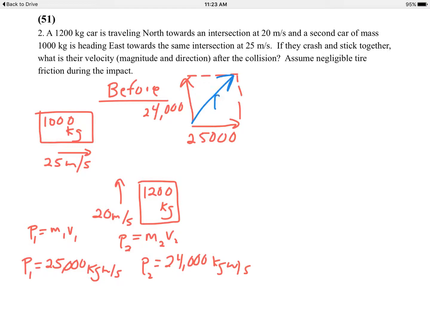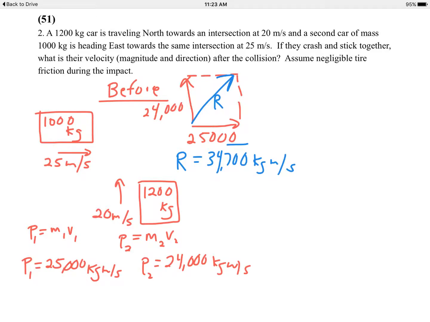I'll call it R. But R in this case, you can use the Pythagorean theorem, 25,000 squared plus 24,000 squared, take the square root of all that, and it comes out to be 34,700 kilograms meters per second. That's the overall starting momentum.